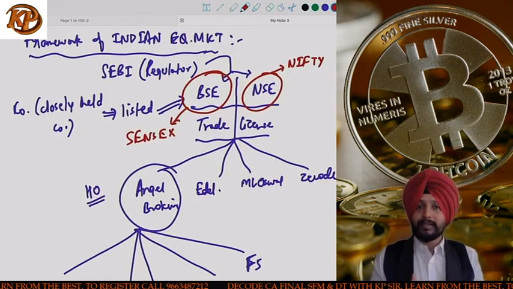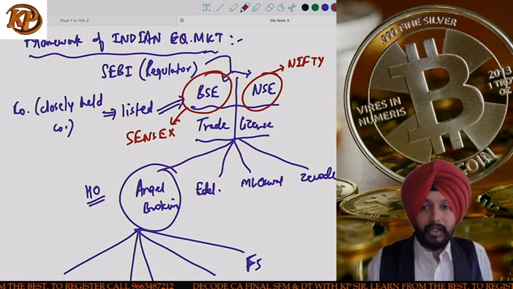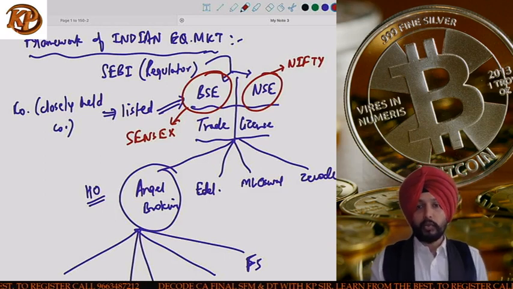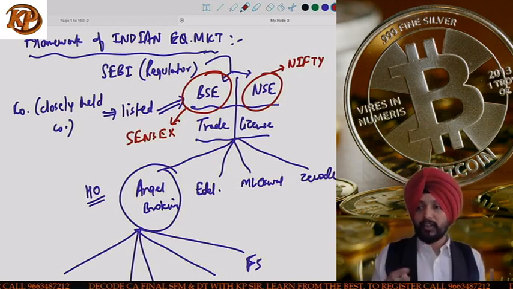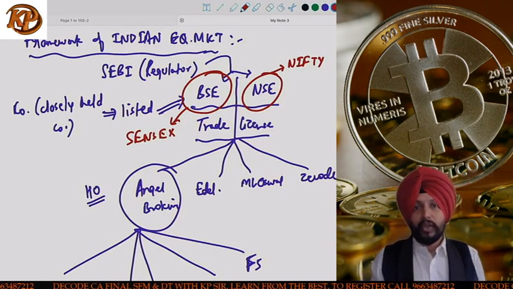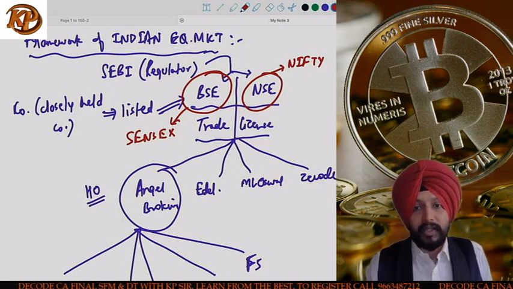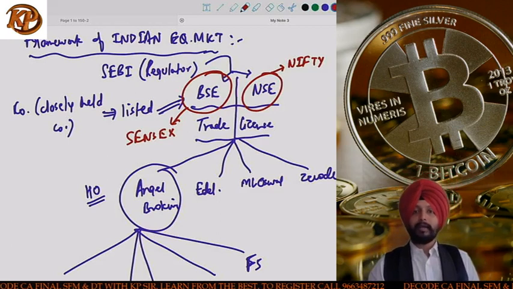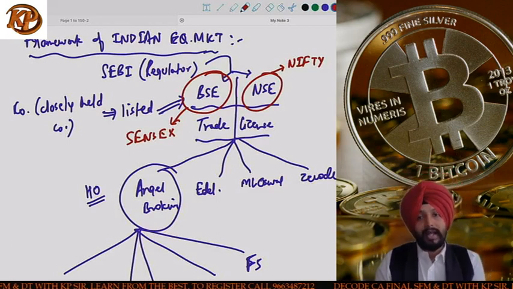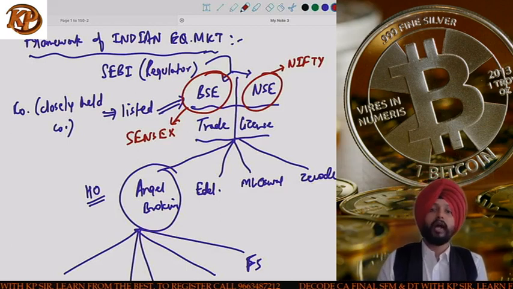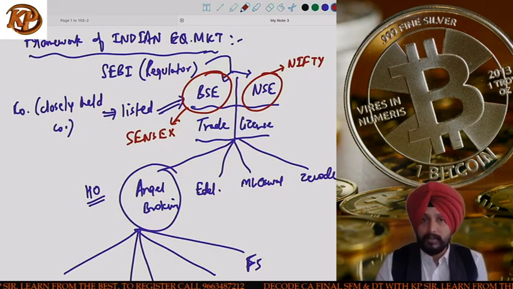The idea is, if I want to get an overall picture of whether markets today have gone up or come down, whether they are doing good or bad, we use the index as a parameter to check that. Every exchange will have an index to give you the overall performance of how the markets are performing.